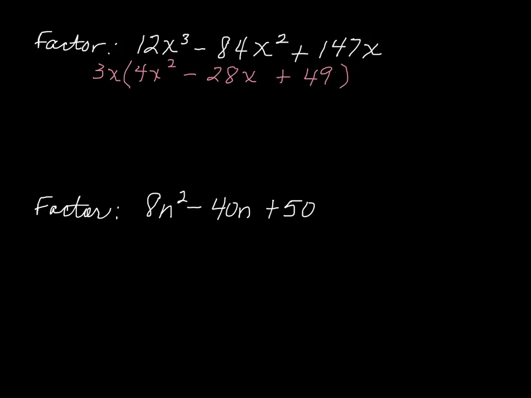And 49 would be 7. Well, is the middle term 2x times 7? That's 14x times 2, 28x? Well, yeah, there we go. But it's negative 28. We square it, and then we multiply it by 3x. And there we have it, the factored form.